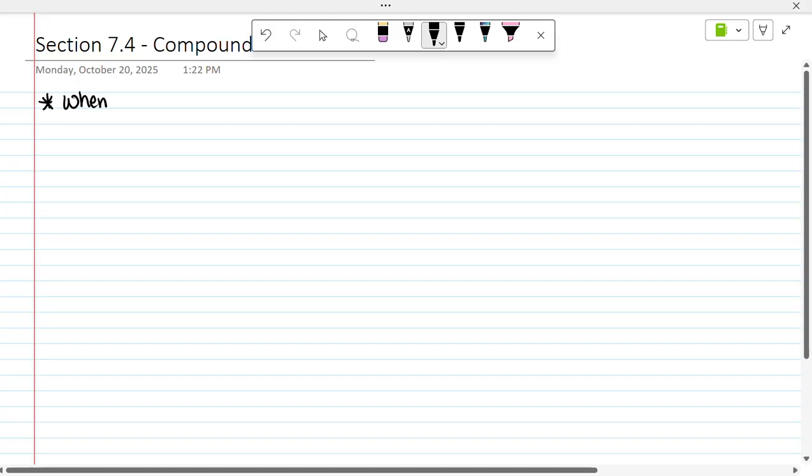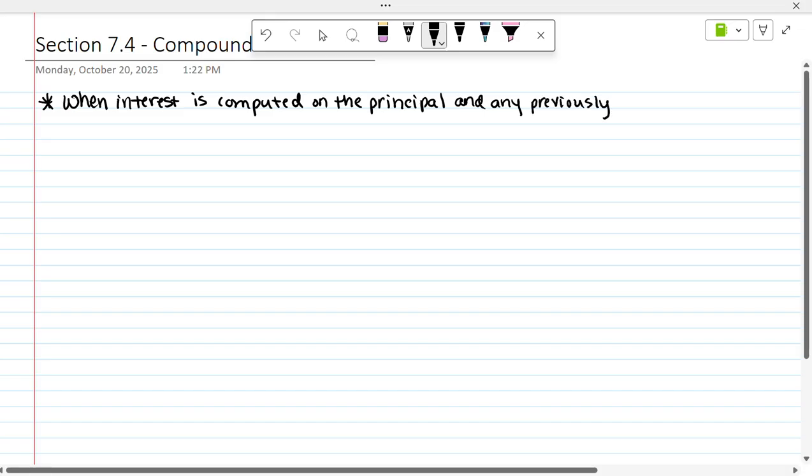When interest is computed on the principal and any previously earned interest, it is called compound interest. Here's the difference in simple and compound interest.